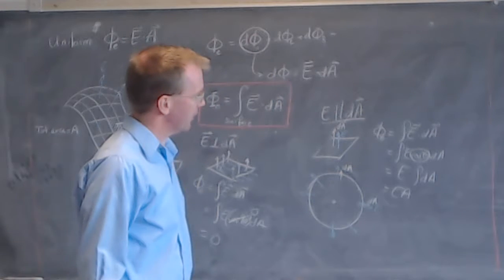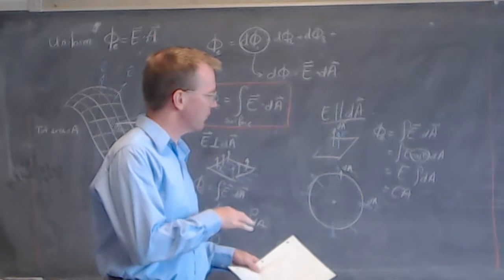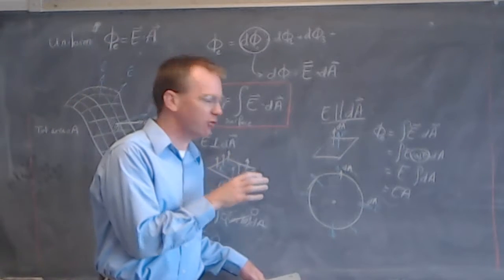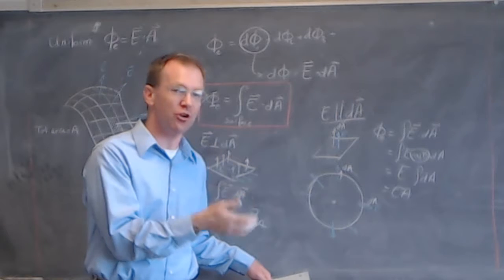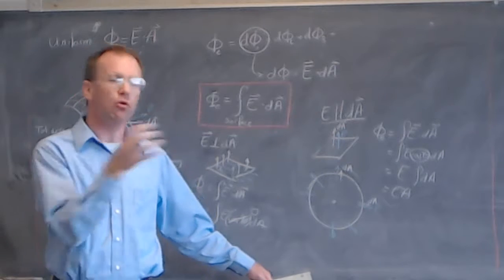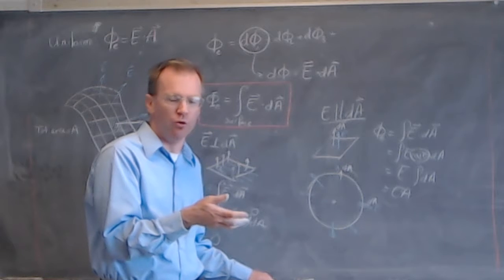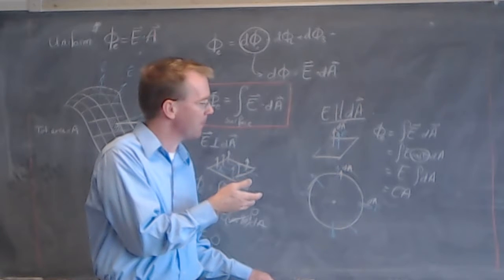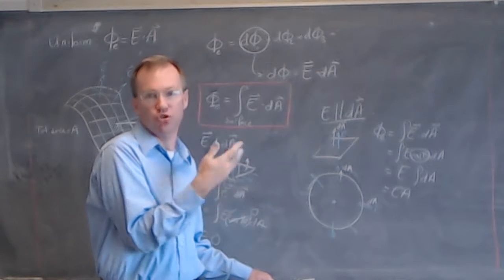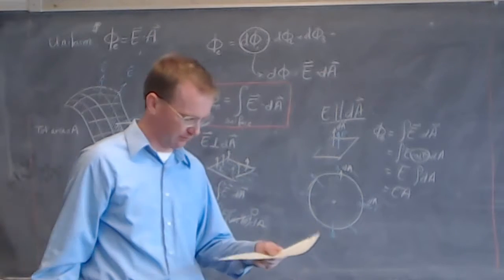In this case, then, I can find the flux in one of these more complicated cases if I choose a Gaussian surface that matches the symmetry of my charge, as I said before. The field lines have to have the symmetry of the charge. But I can choose any Gaussian surface I want to and integrate over that and find a flux. And if I choose one that very cleverly mimics the symmetry of the charge and therefore the field lines, I get these perpendicular lines there, and things come away very nicely.